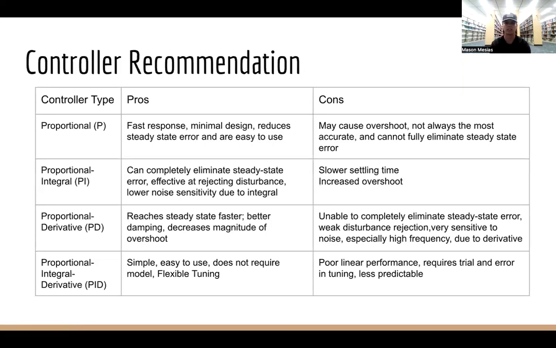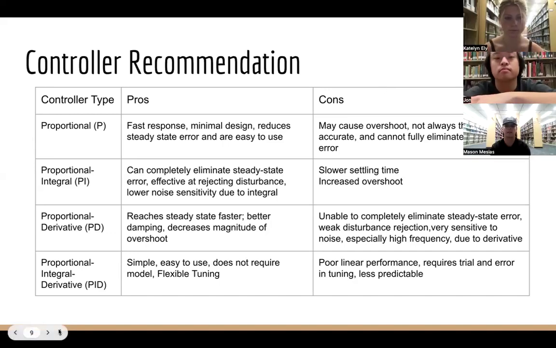PD controllers will reach steady state faster and have better damping, but however, they will not completely eliminate the steady state error and will be susceptible to disturbance. And finally, the PID controller is easier to tune, but it's a lot more difficult to create than the other three. And linear performance is bad and requires much trial and error.